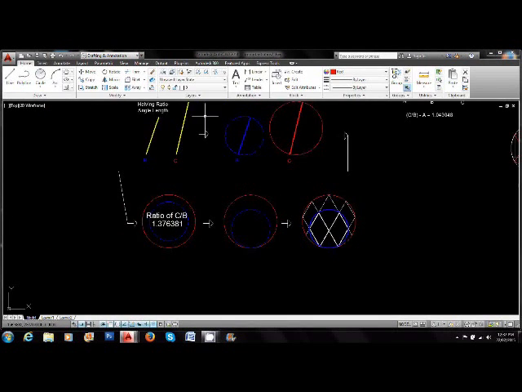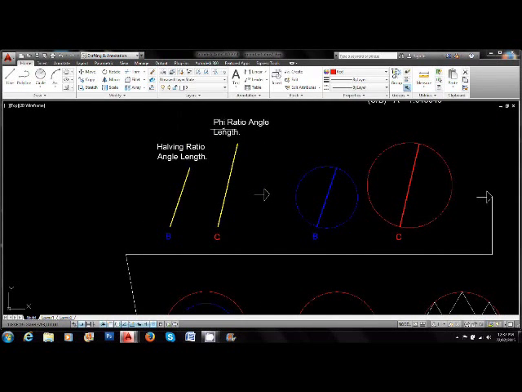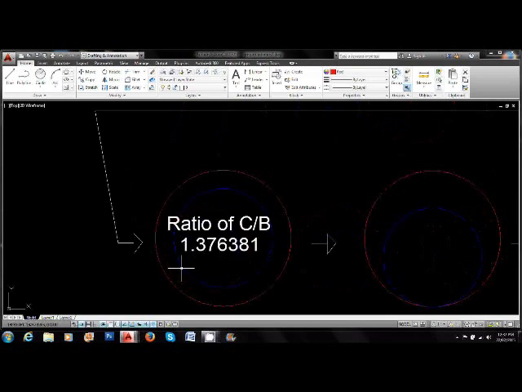So that's just the ratio between C and B here, by phi ratio angle length and halving ratio angle length. So I got this number, and I thought, well, what if I took 0.33333 from it?